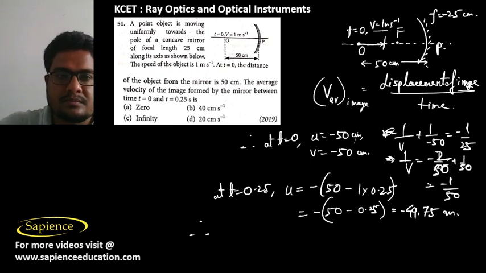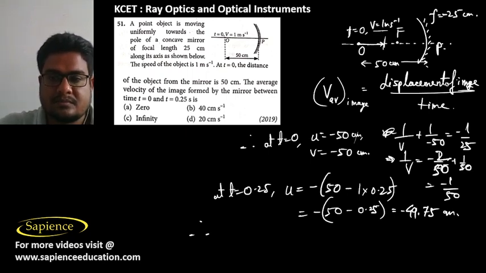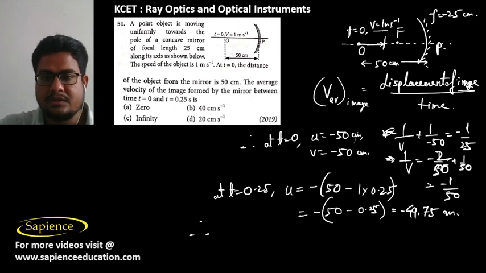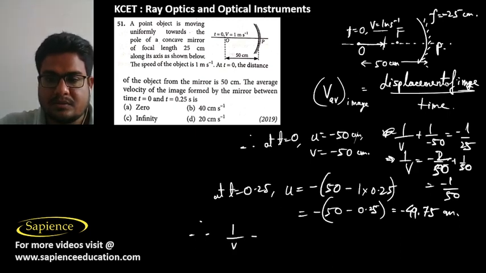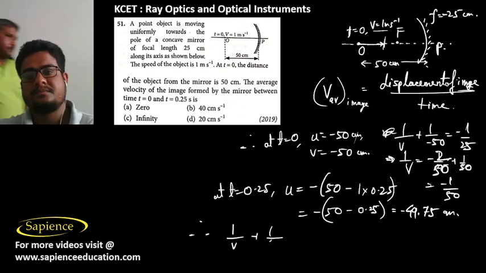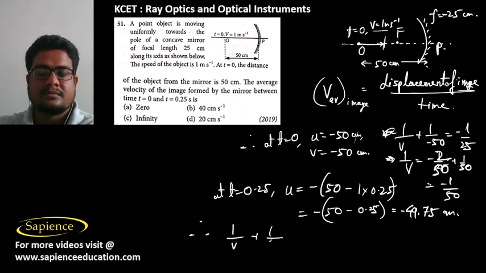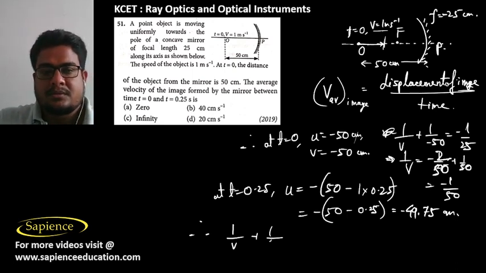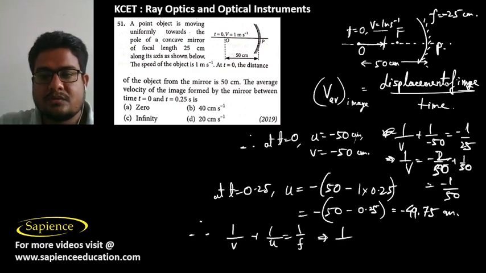Therefore, we have to find the value of v here. 1 by v plus 1 by u equal to 1 by f. Therefore, 1 by v minus 1 by 49.75 is equal to minus 1 by 25.